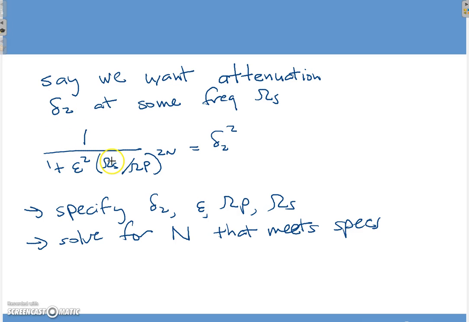From the formula above, we can just plug in omega sub s instead of our frequency, and we have this equal to delta 2 squared. So if we specify the attenuation we want at the knee, omega p and omega s, if we specify everything else, we can figure out what n has to be to meet that spec. So when you call commands like buttord, you're telling it all of these things, and it is using a formula to calculate what n should be to meet these.